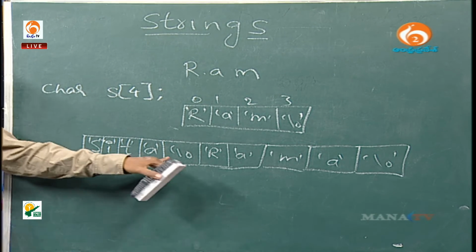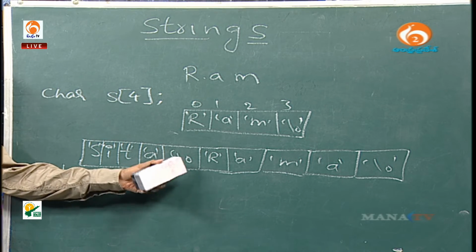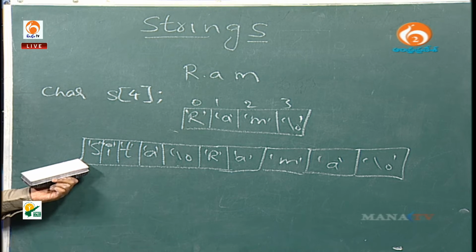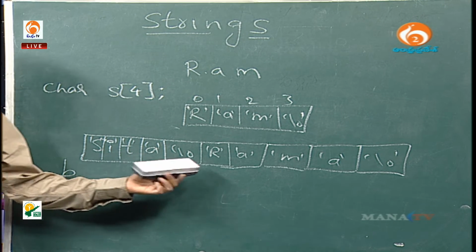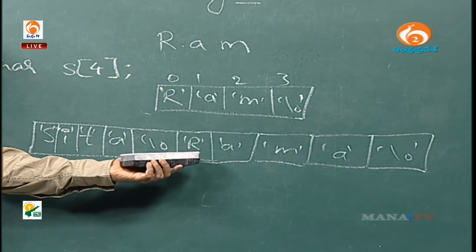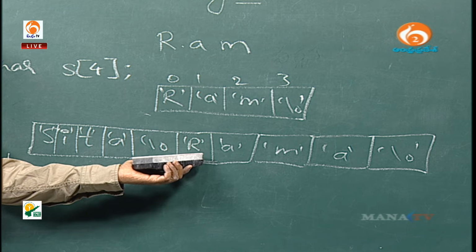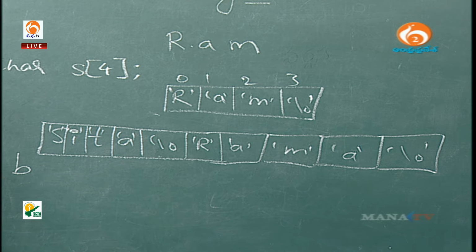Reason? Because \0 indicates the end of this string. Whatever we have stored or initialized after the \0 is not at all processed by the CPU. Hope you understood. That is the meaning of that statement, when declaring a character array that will hold a string.